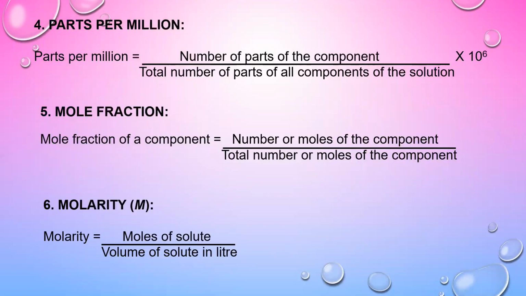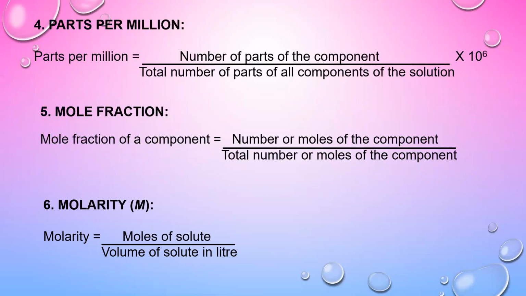Now similarly comes molarity. Molarity is moles of solute upon the volume of solution in liters. Molarity is the most widely used unit and it is denoted by capital M. It is defined as the number of moles of the solute in 1 liter of the solution. Suppose we have a 1 molar solution of a substance, say NaOH, and we want to prepare a 0.2 molar solution from it.